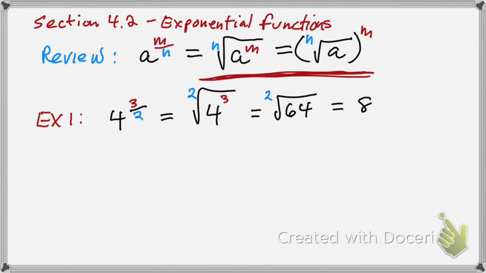The other way is to say, I'm going to take the root first, like this. So this says take the square root of 4, and whatever you get, cube it.